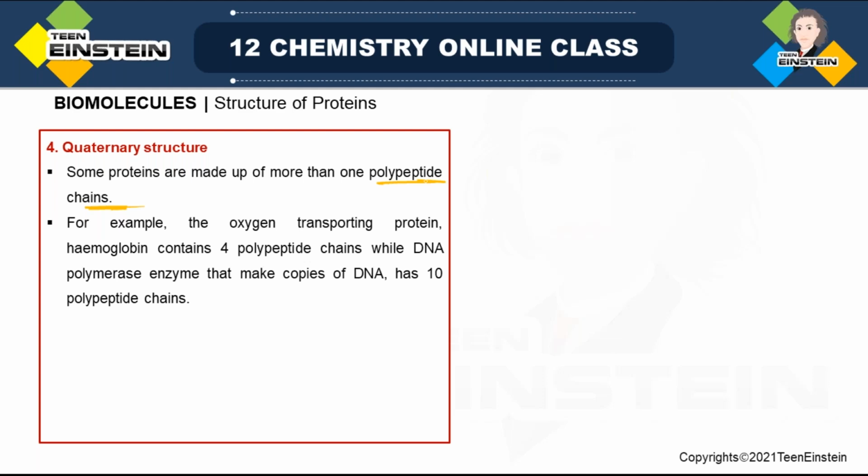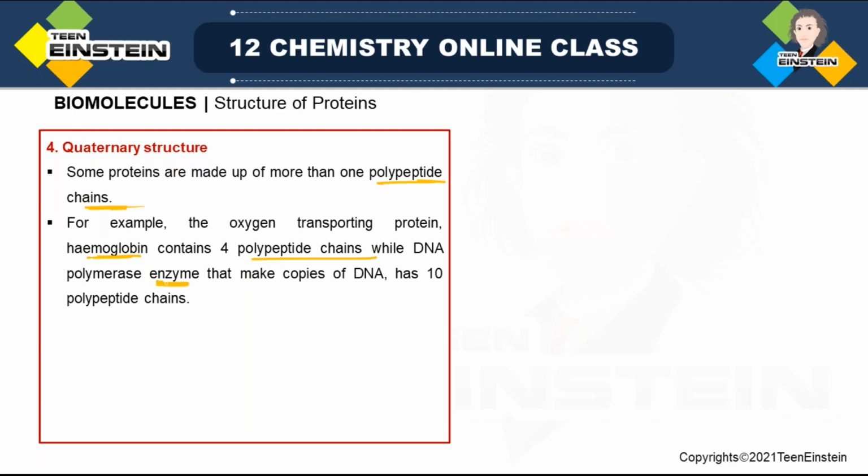One very common example that is taken mostly is hemoglobin. In hemoglobin, which is basically an oxygen transporting protein, there are a total of 4 polypeptide chains. Then another example is DNA polymerase. What is an enzyme?